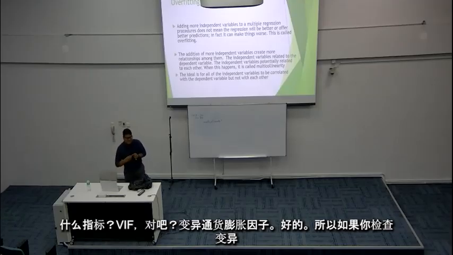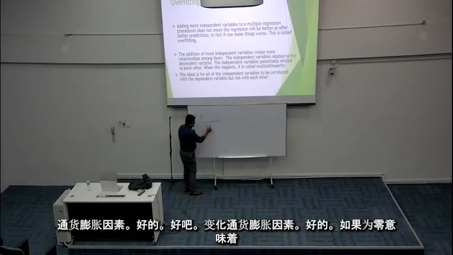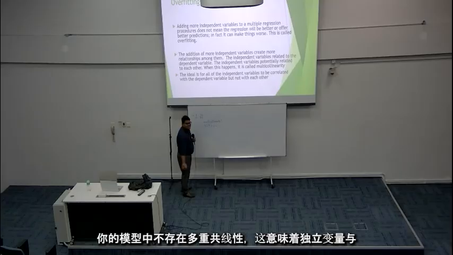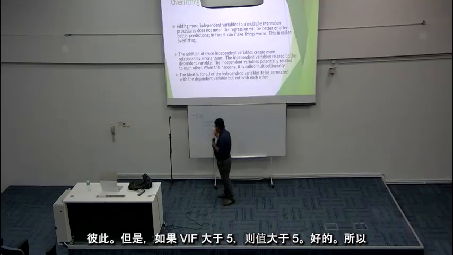If the VIF is 0, it means there is no multicollinearity in your model, which means the independent variables do not correlate with each other. However, if the VIF is greater than 5, what will happen?